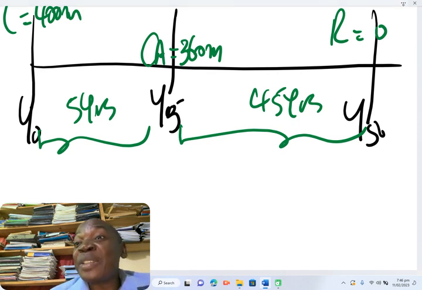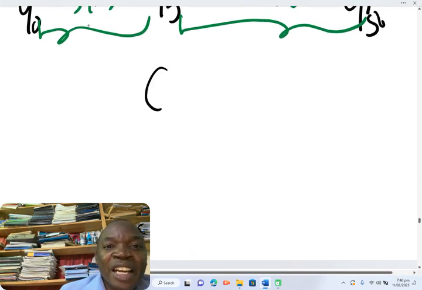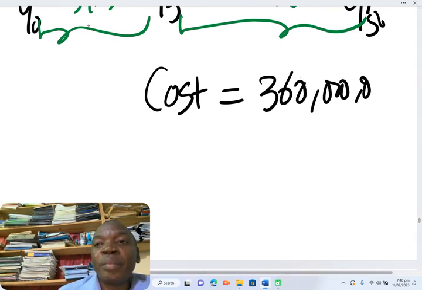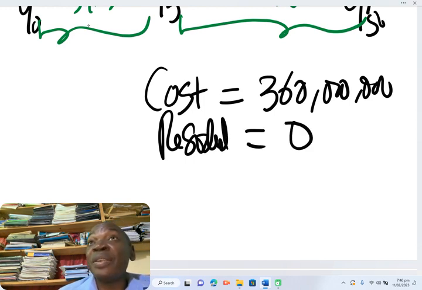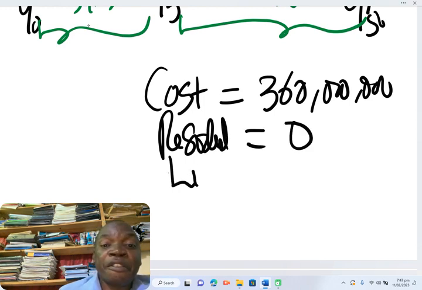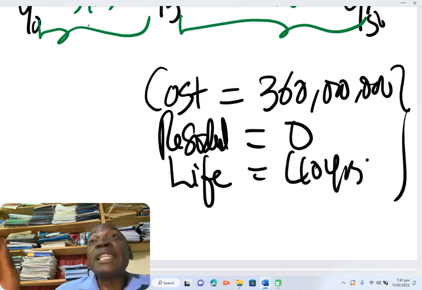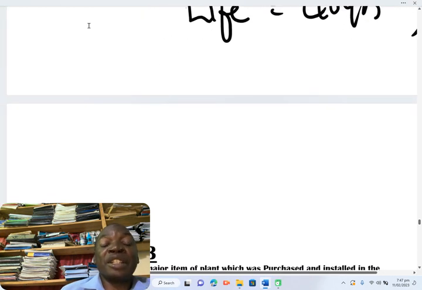So on this ground, you have to change the depreciation rate. So cost as at that date is 360. Residual value has remained 0, but life is now 40 years instead of 45 years from the previous estimation. So the annual depreciation has significantly changed.